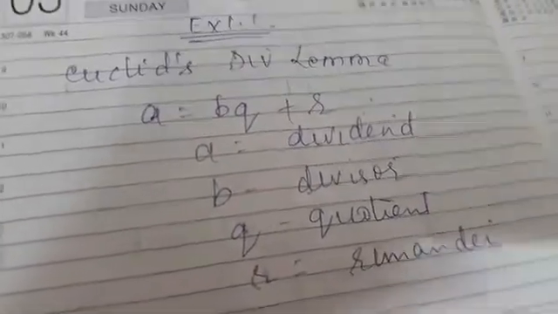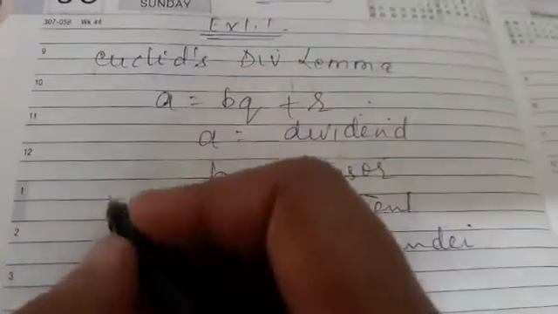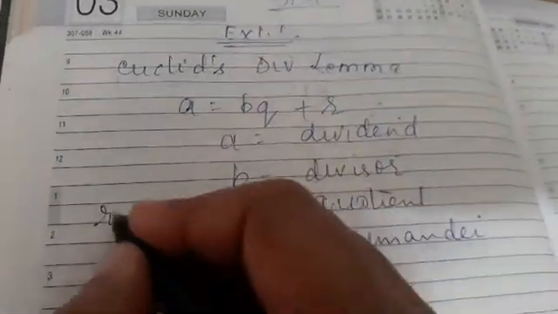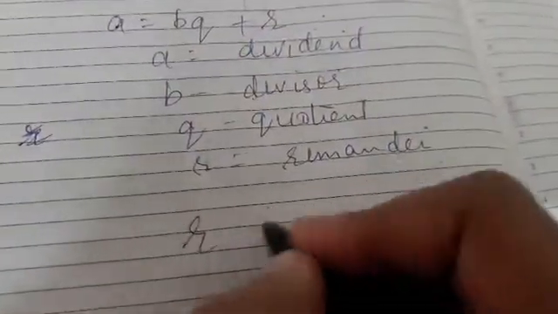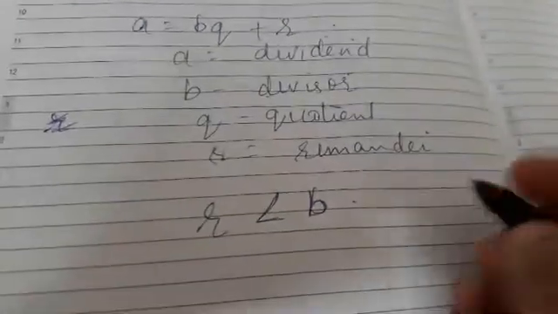Now, when I showed you one example, I told you that there are two conditions present in any division. Remainder will always be less than the divisor. Okay, this is one condition.